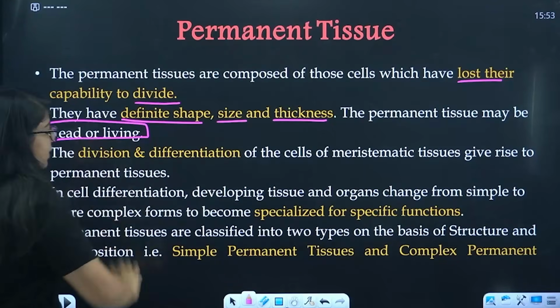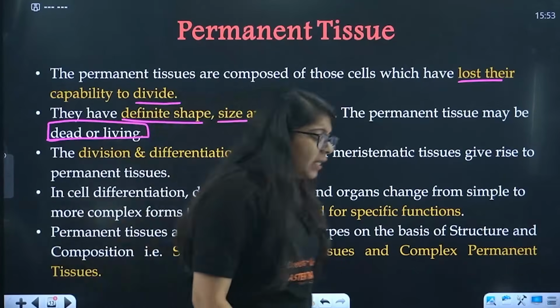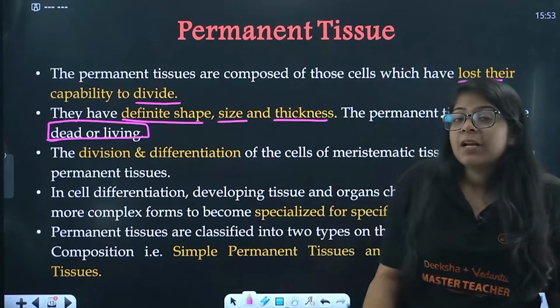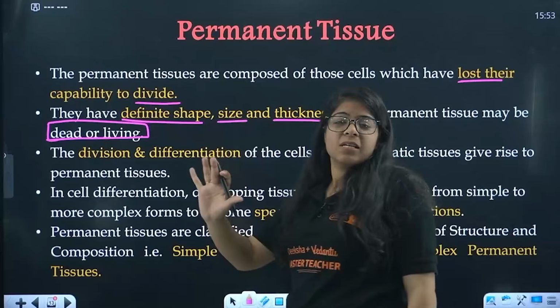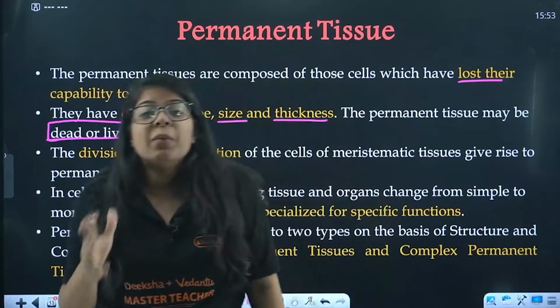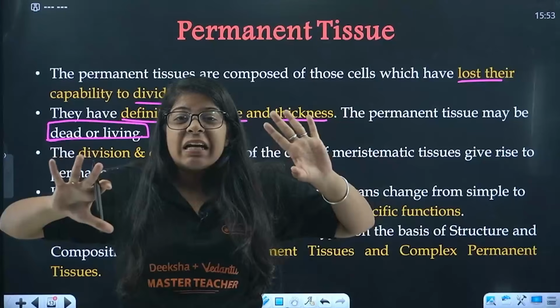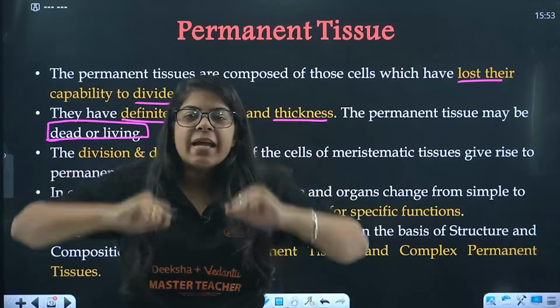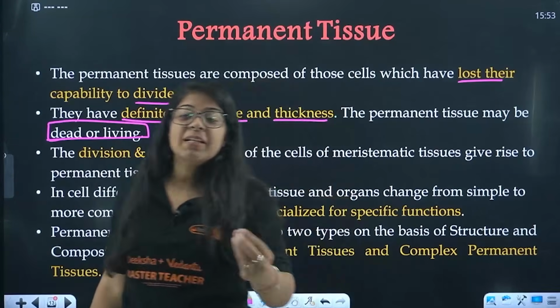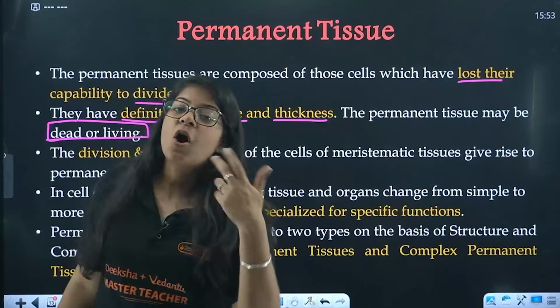This is a very important thing. If a tissue is dividing, that means it's living, so meristematic tissue is mostly living. But permanent tissue is so stiff. It does not want to divide because it's dead. So permanent tissue can be dead or living.